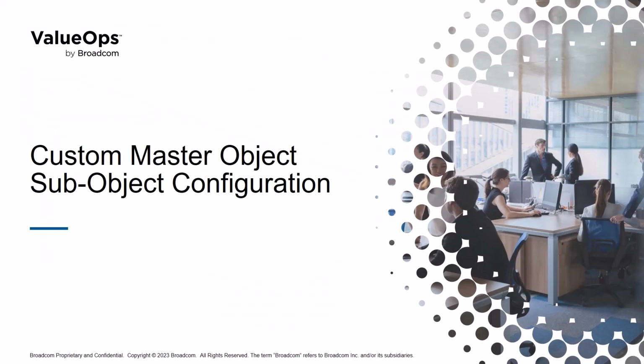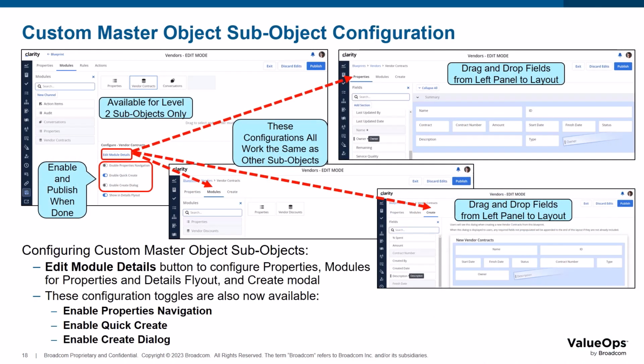Next, I'll discuss the configurations that are available for subobjects on custom master objects. The same new subobject configurations that we've been looking at for the status report module and objectives is also available for custom master objects subobjects.